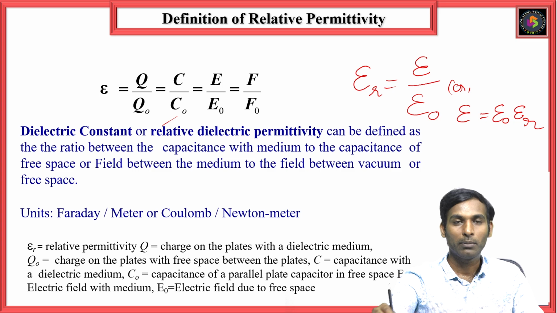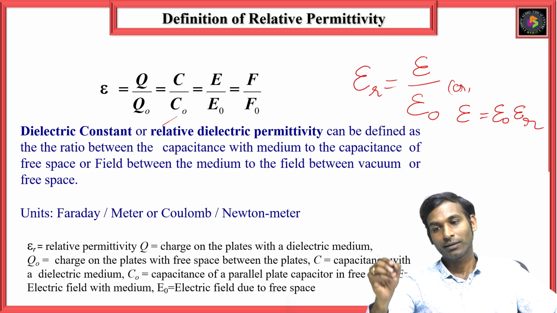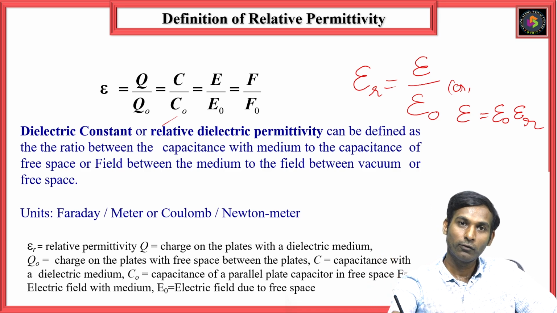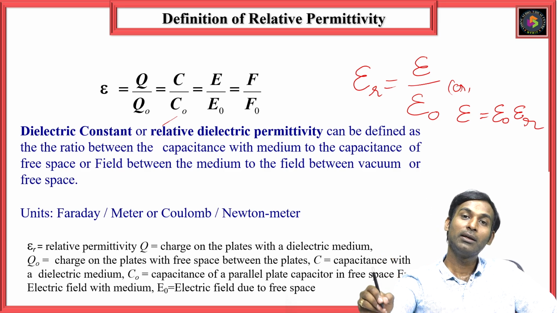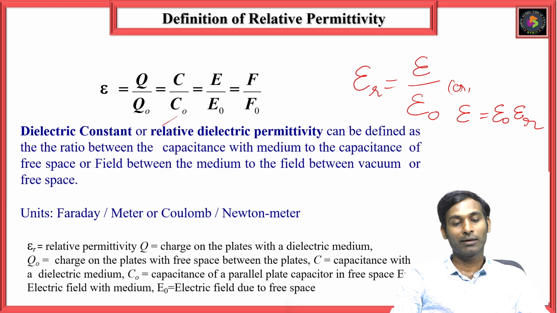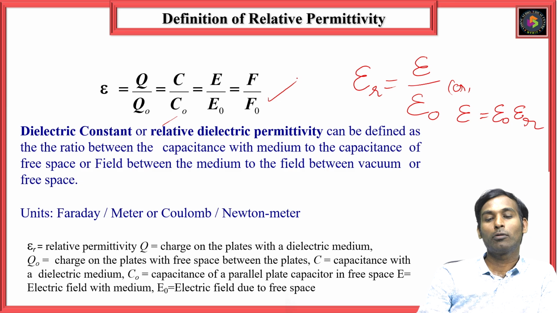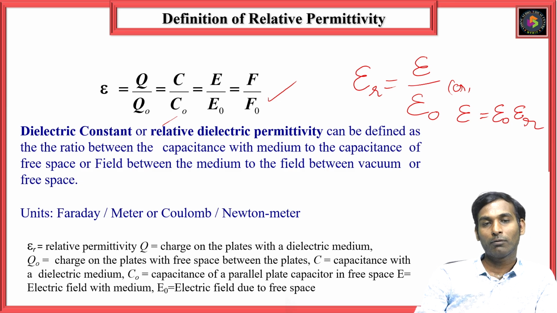These three parameters relate to the dielectric constant. So the permittivity is defined as the permittivity of free space times the relative permittivity of the material. The unit is farad per meter, or coulomb per newton per meter. In this category, I am defining three notations here: Q by Q naught, C by C naught, E by E naught, F by F naught.